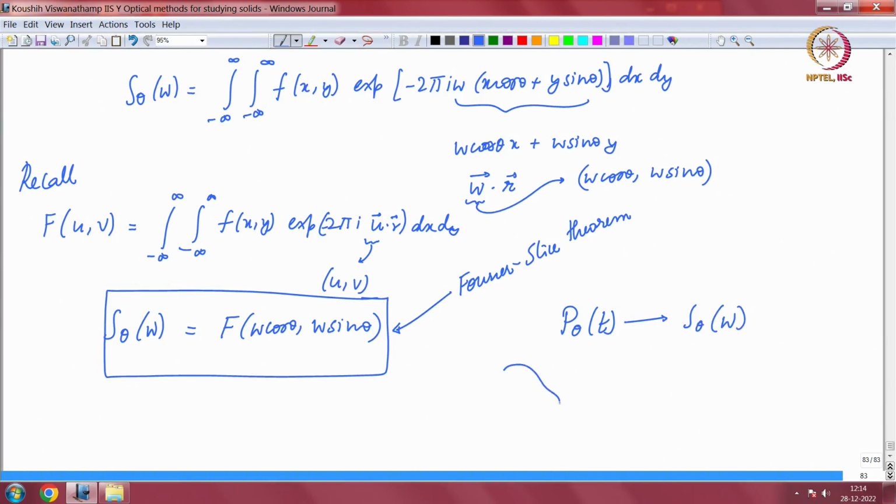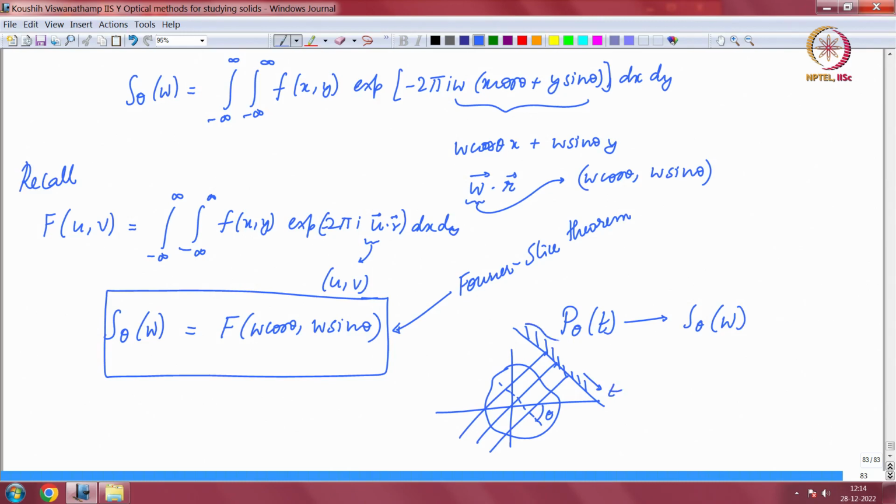So, you have your object, this is your x y direction, and then you have a projection taken at some angle. Of course, the angle is with respect to the normal, but whatever, it does not matter, we will ignore that for now. This is just theta, parameterizing the projection, and this is your t.